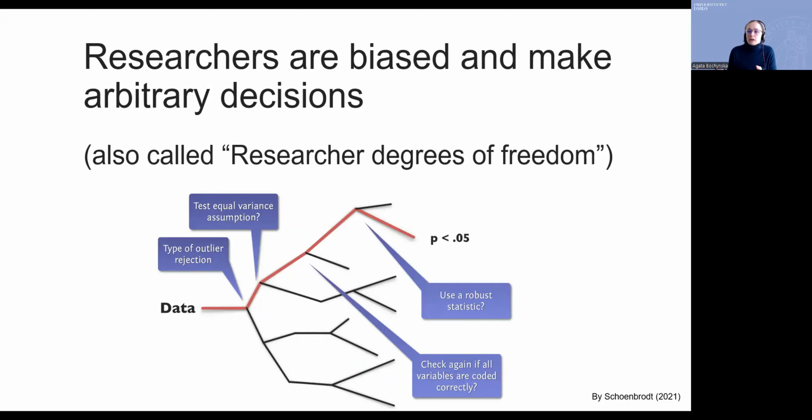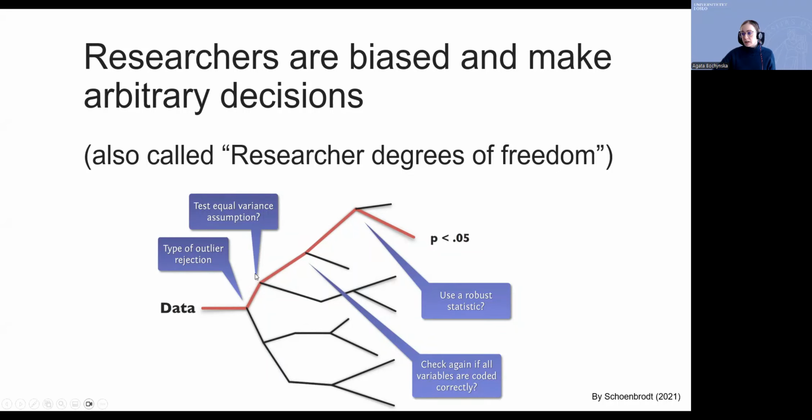It can be more or less intentional, but whenever we explore data and we decide about analysis for that data, there are different routes that we can take in analysis. And depending on which route we take, this can change the final outcome of the analysis.